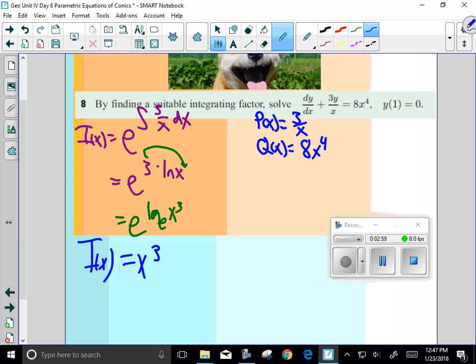All right. So now we do d/dx of y times I, and I is x cubed now. The derivative of y I equals I times Q, which is x cubed times 8x to the fourth.